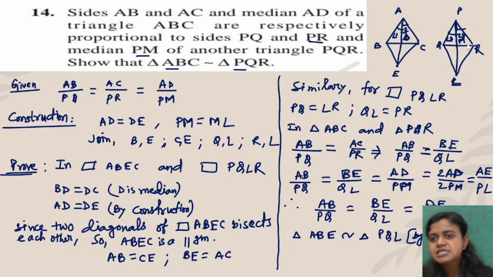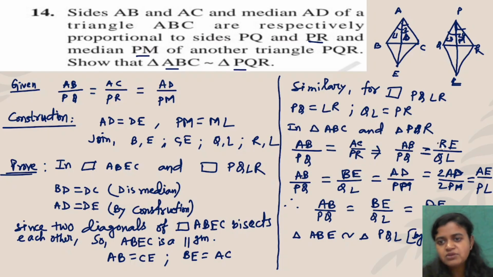Similarly, quadrilateral PQLR is also a parallelogram, and so the opposite sides are equal: PQ equals LR and QL equals PR. In triangles ABC and PQR, AB by PQ equals AC by PR.